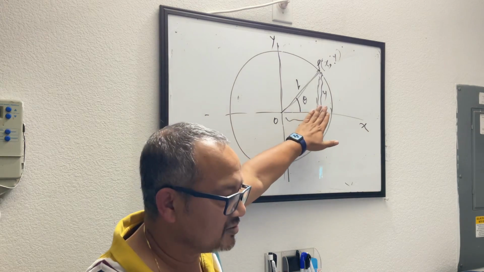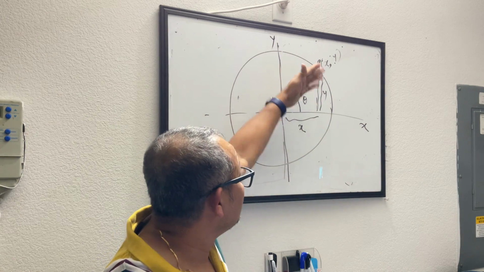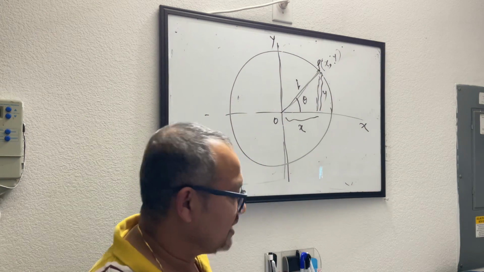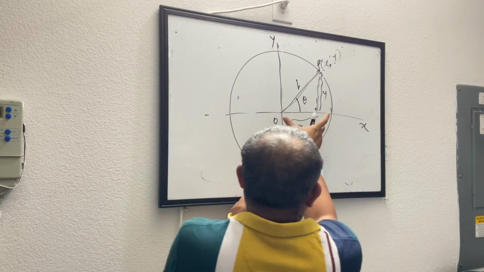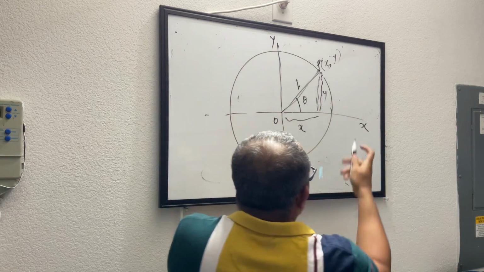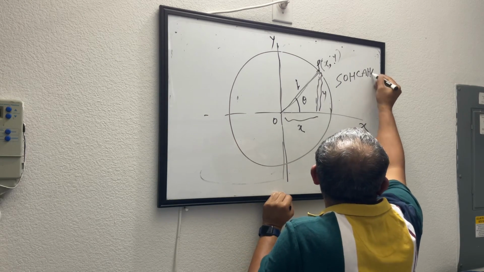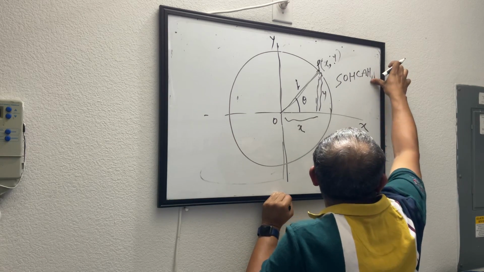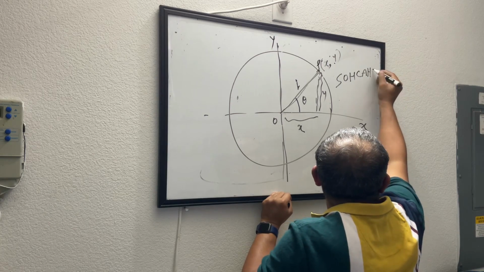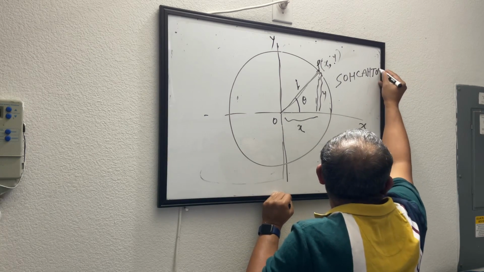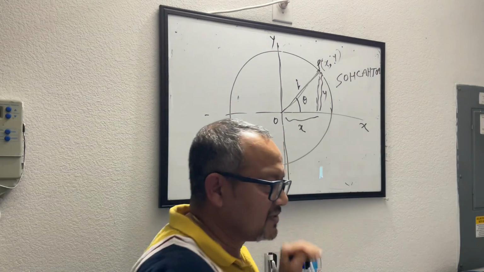Coming back here. So 1 is my radius, and this is x and this is y. So what is the value of x? Let's go back to our SOHCAHTOA concept. See how annoying this could be, right? If you hear it from me so many times, you don't have to memorize by yourself.